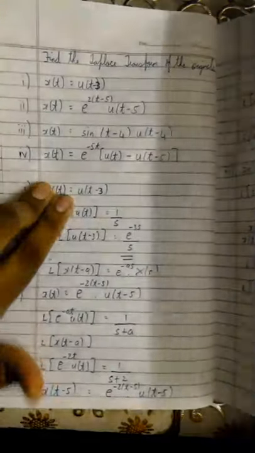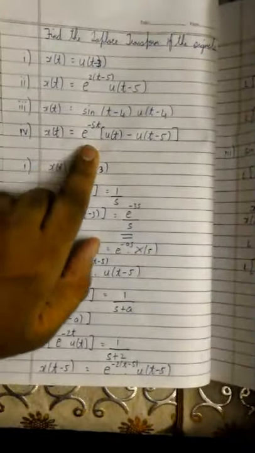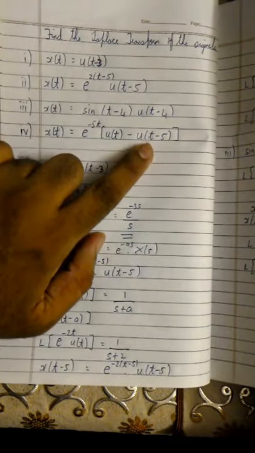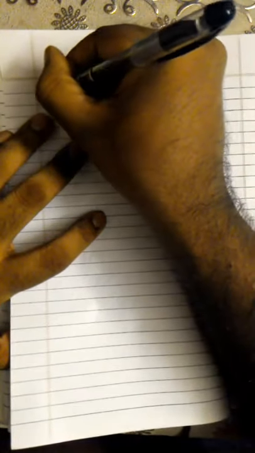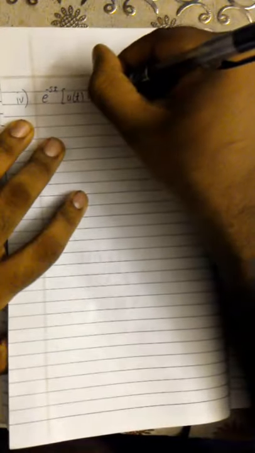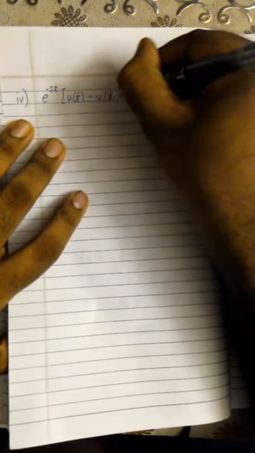The next problem, the given question is e raised to minus 5t into u of t minus u of t minus 5. Okay. So that means the question is e raised to minus 5t into u of t minus u of t minus 5.